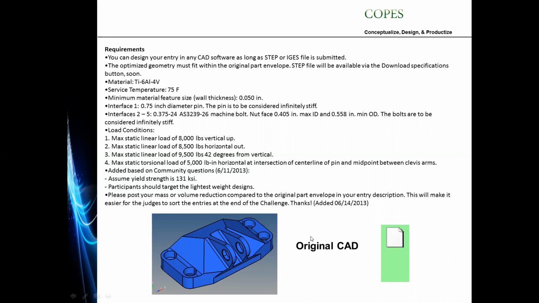Those are all covered, along with the maximum diameter of the bolt holes they have given. On that basis we need to build a CAD model, and this model will be used as an optimized one.